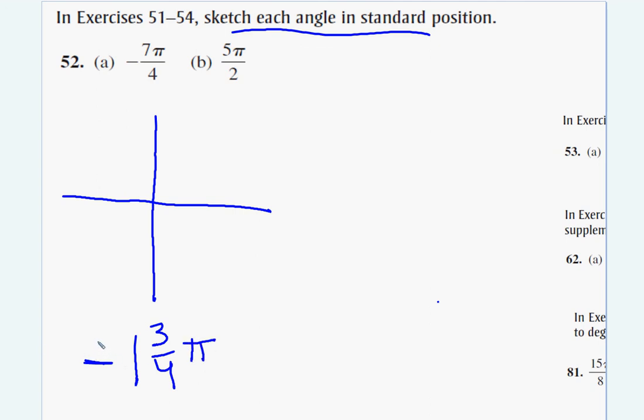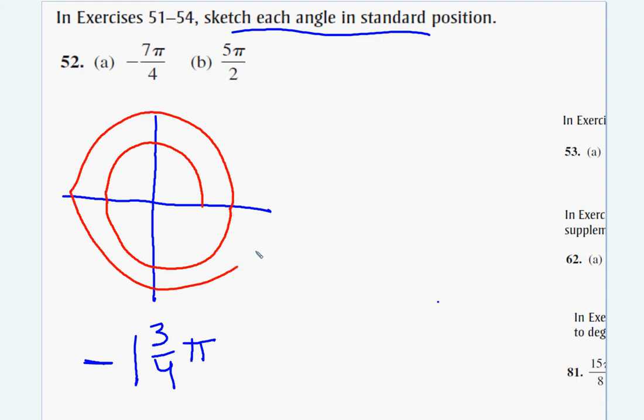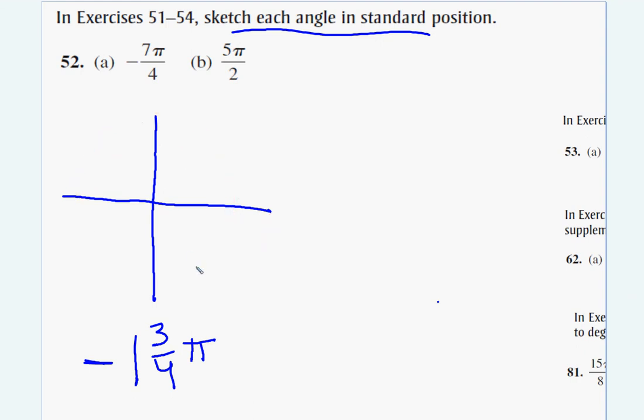Negative 1 3/4 pi. Remember, when you do half a circle, it's 1 pi. So if I go this far, that's 1 pi, and then another one is 2 pi, and then 3 pi, and 4 pi. But now we're going in the negative direction, so we're going to start on our initial. This would be negative 1 pi, negative 1.5, negative 2.